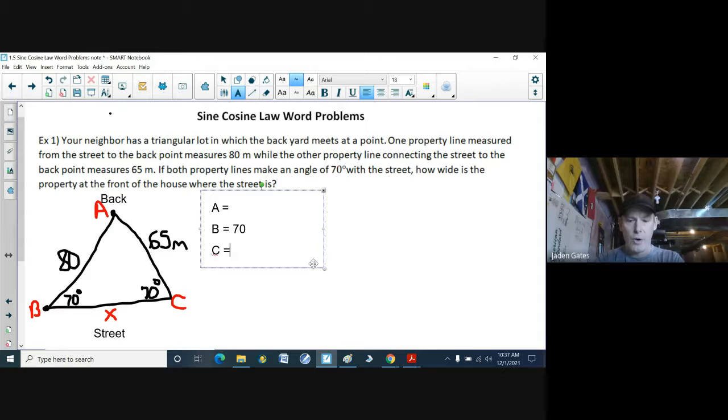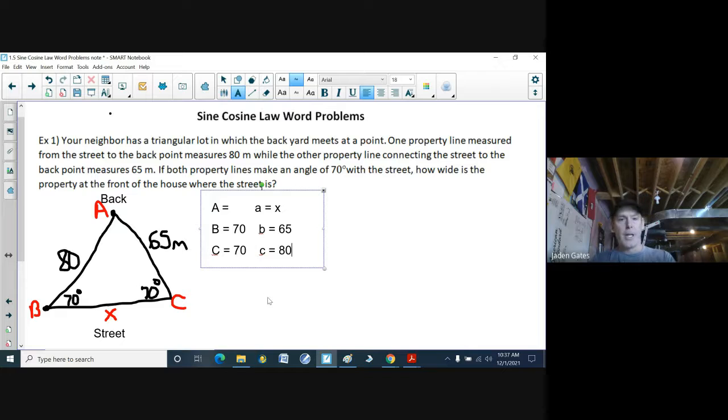Angle C, I do know is 70. Now my sides. Side a, that's what we're looking for, that's x. Side b, across from angle B, is 65. And then side c is 80.